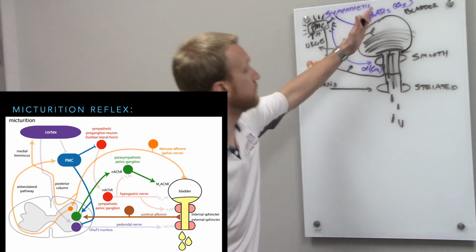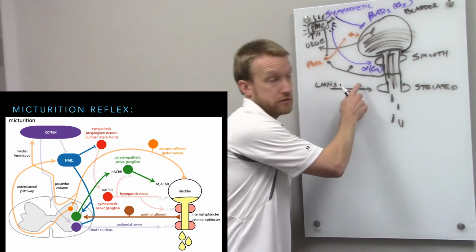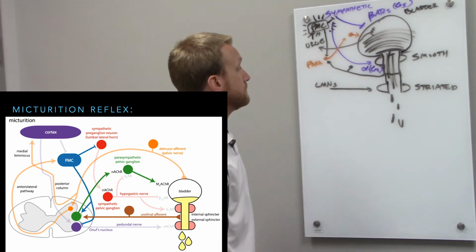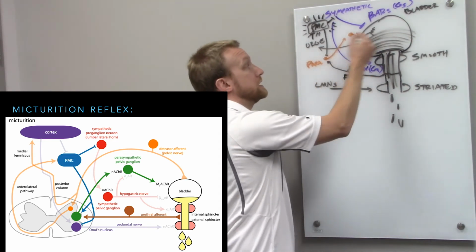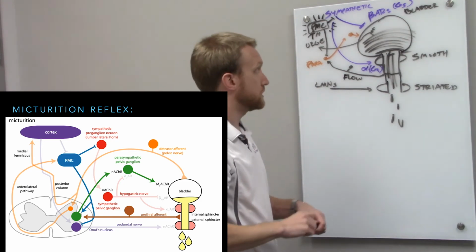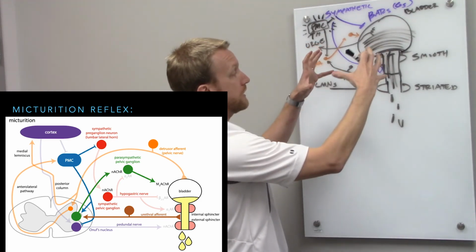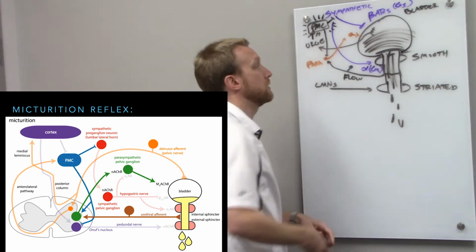We need to wait until the flow stops. And that's where the urethral afferents come into play here. So these are stimulated by the flow of urine to make sure we continue to contract the bladder. It's not just enough to deflate the bladder a bit, we want to contract it until there's no more urine flowing out.